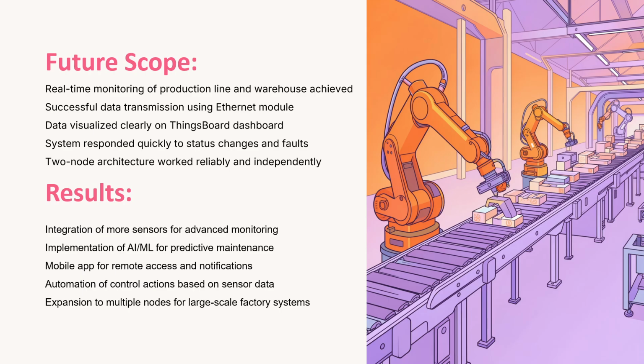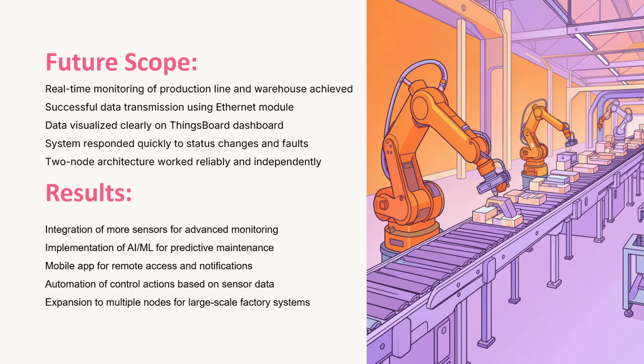Next, future scope. This project can be further improved in many ways. More sensors can be added, such as gas sensors or pressure sensors, for advanced monitoring. Artificial intelligence and machine learning can be integrated for predictive maintenance. This means the system can predict failures before they occur. A mobile application can be developed so users can monitor the system from their phones.